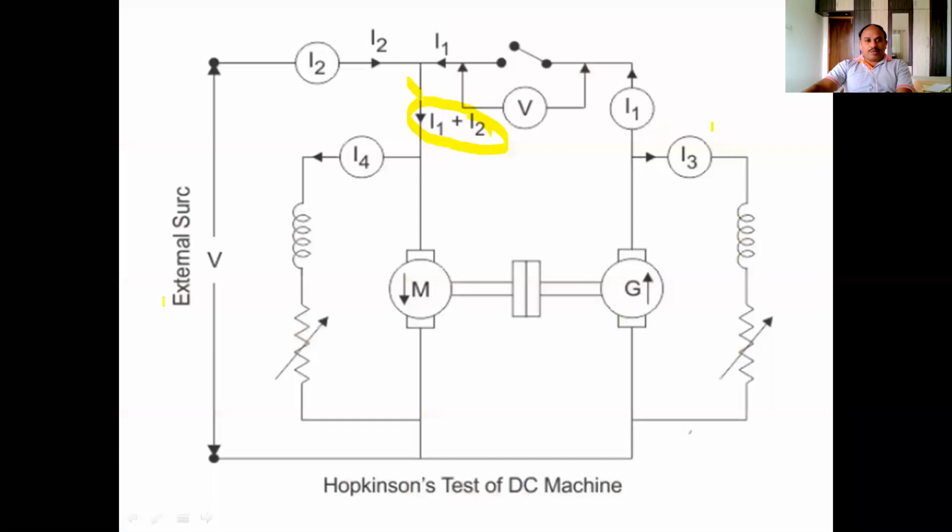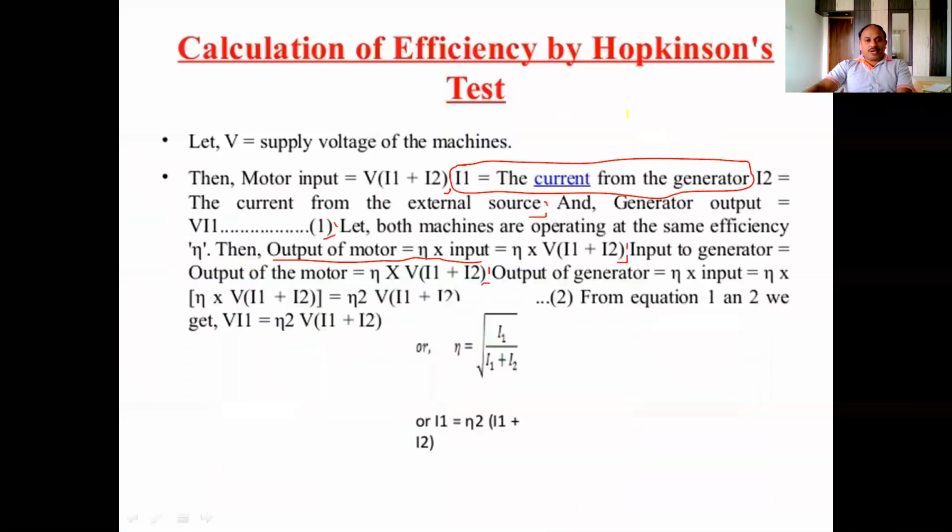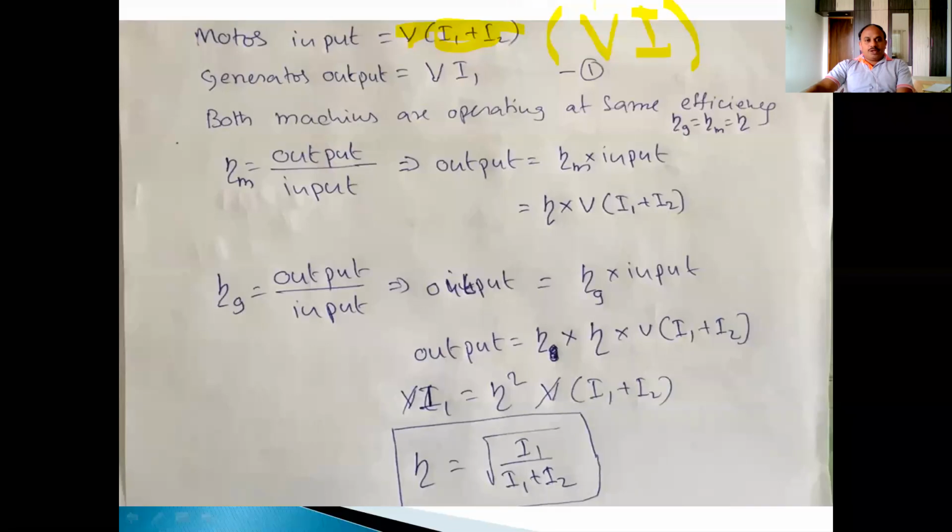This is the current taken by the motor, and the voltage across the motor terminals is V. So motor input equals V into I1 plus I2.